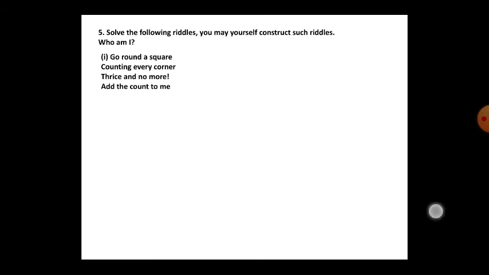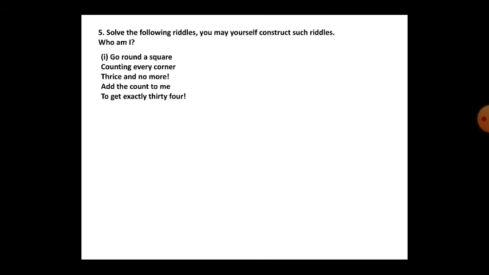Now solve the following riddles. You may construct such riddles yourself. Who am I? Go round a square, counting every corner thrice and no more. Add the count to me to get exactly 34. See, your riddle is given.